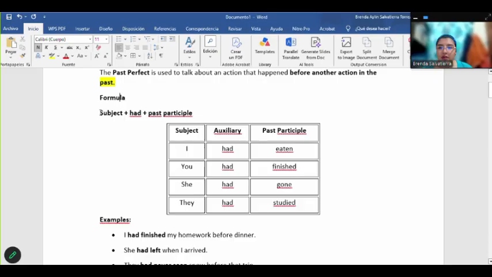The formula. We first write the subject, then the auxiliary had, and the past participle of the verb. Okay, for example, I had eaten, you had finished, she had gone, they had studied.